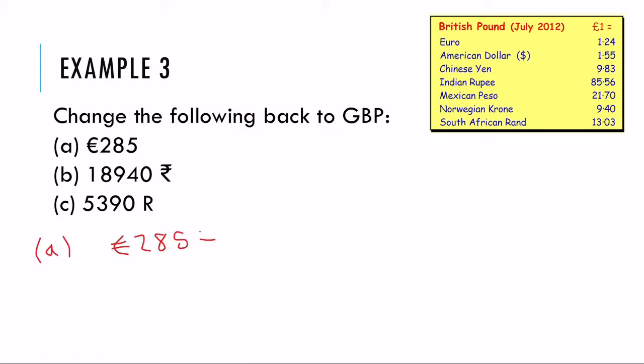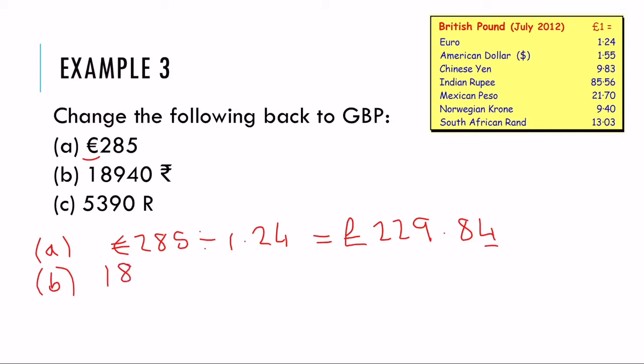So we are dividing by the exchange rate for euros, which is 1.24. Now, when you put this in your calculator, you will get out a number that has more than 2 decimal places, but because we're dealing with money, we can only go up to pennies, so we must always round money to 2 decimal places if it needs rounded.